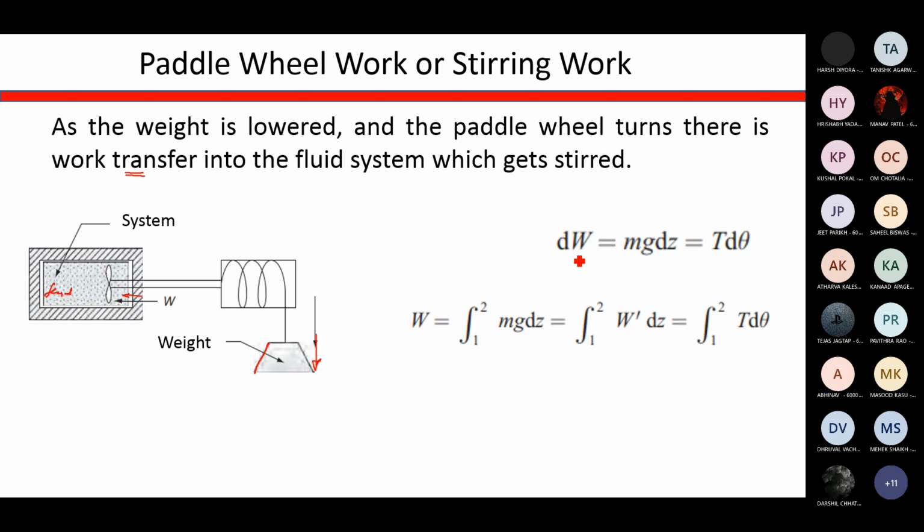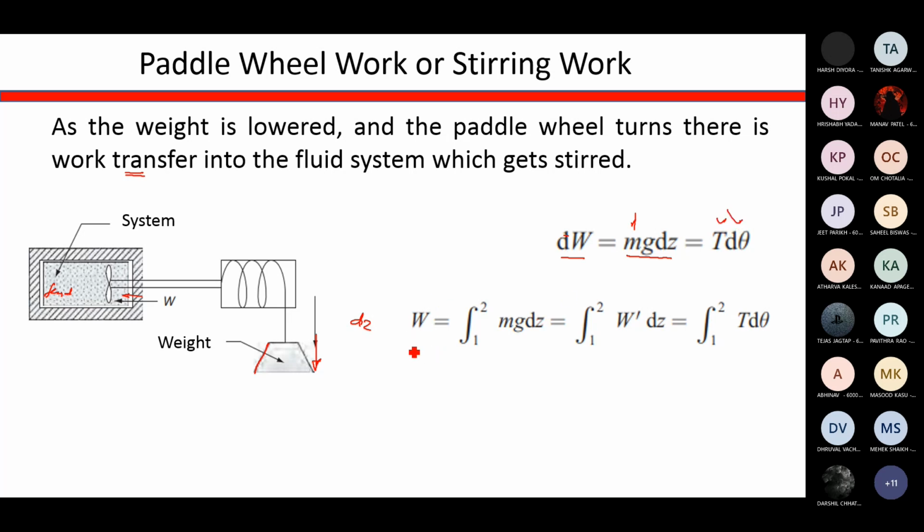Now how to find out this? So elemental work dW is given by the expression mg dz. So dz is the height by which you are lowering the weight. M into g is nothing but the weight which you are lowering, and this must be equal to the torque applied to the shaft, torque T, multiplied by the angular displacement d theta, right?